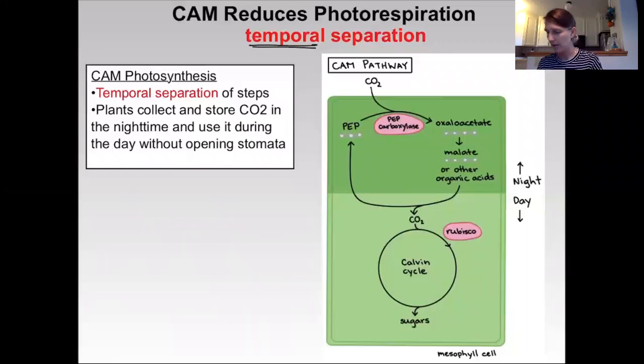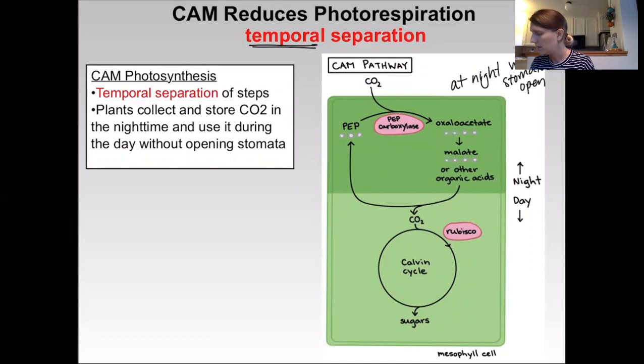So in CAM plants, what they do is at night, when stomata are open, they do carbon dioxide fixation. So they convert that carbon dioxide into some organic acid, right? You don't have to know the names of that. And then they can store that up in the nighttime.